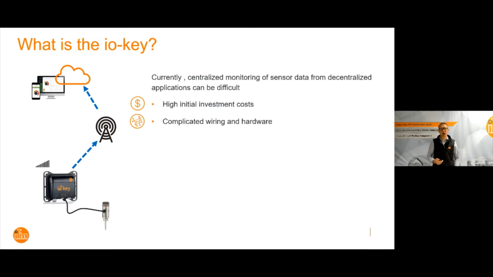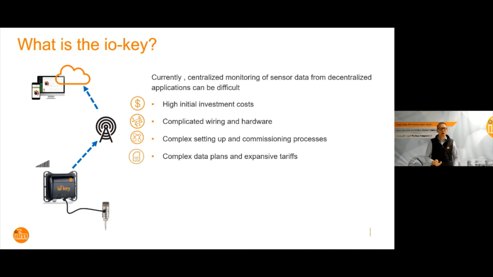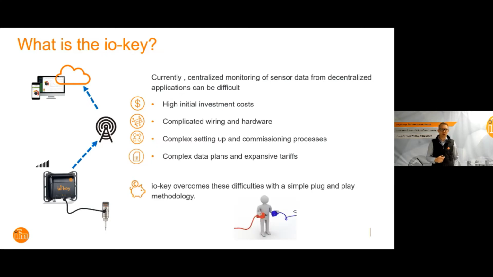There's always complicated wiring, complicated hardware, and complexity in setting up devices and commissioning the entire chain from field device up into the cloud, creating a dashboard, and this can take quite a lot of time. And lastly, when we deal with remote applications with IoT and cloud-based solutions, there are normally some complex data plans and expensive tariffs. With the Ioke, we try to overcome these difficulties with a simple plug-and-play methodology.